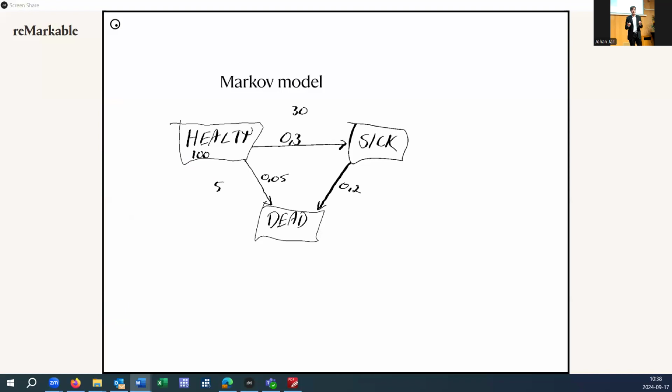In the second cycle, around 20 of the remaining 65 persons in the healthy health state will fall sick, while 3 will die. Of those 30 that are now in the sick health state from the first cycle, 6 of those are expected to die.